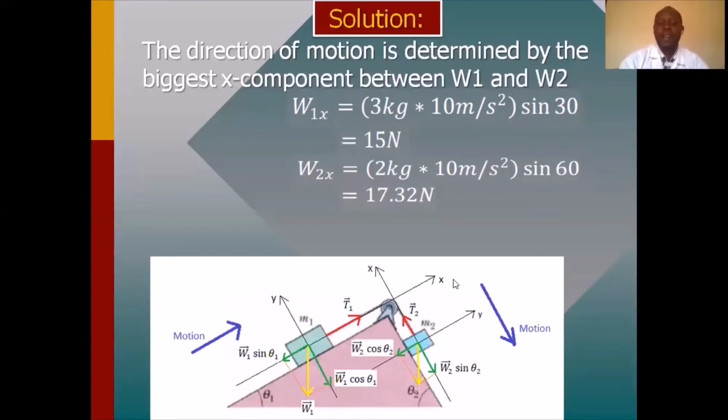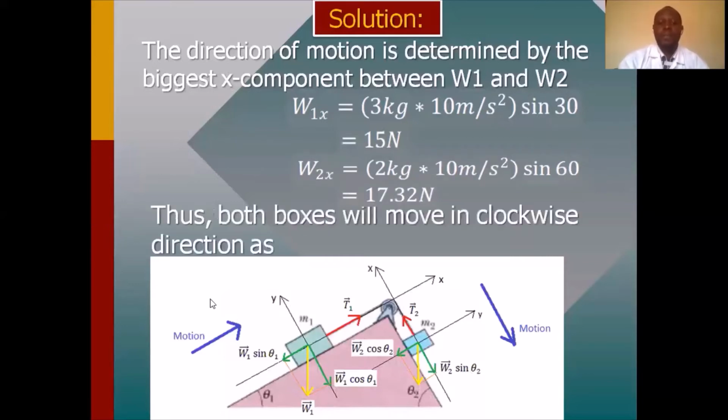It means that weight 2x will pull weight 1x. And thus, both boxes will move in clockwise direction as weight 2x is greater than weight 1x. We have these movements. The direction of motion will be this.